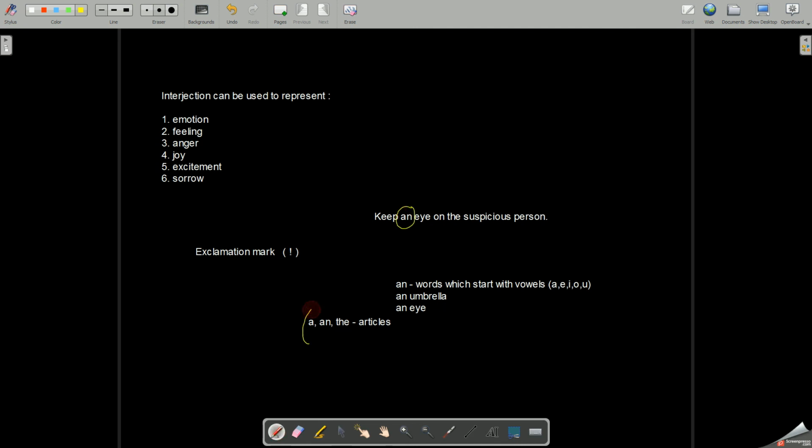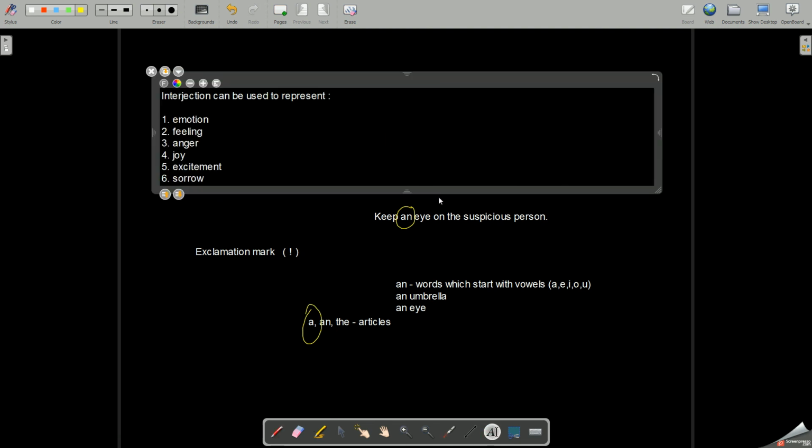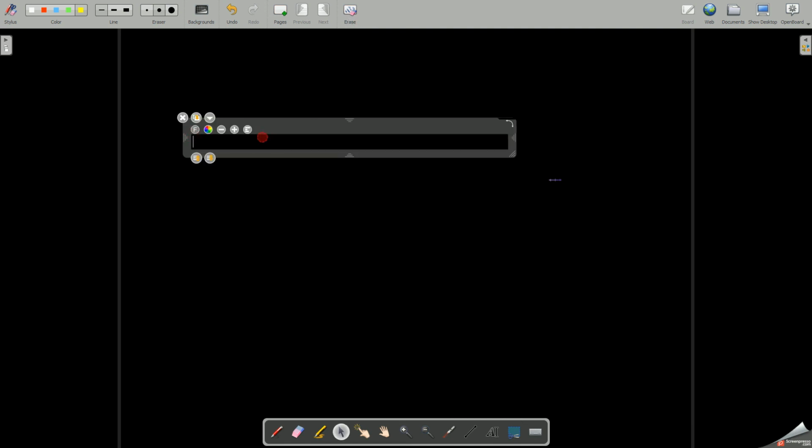A is basically used in front of words which start with a consonant. That is, all those letters of the English alphabet which are not vowels, they are known as consonants, like B, C, D and so on.